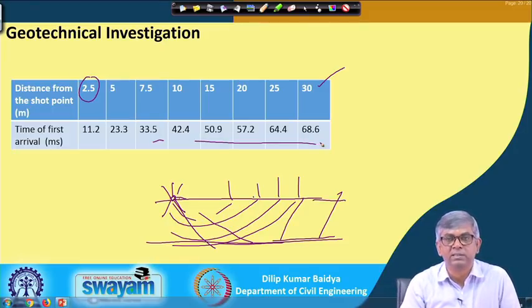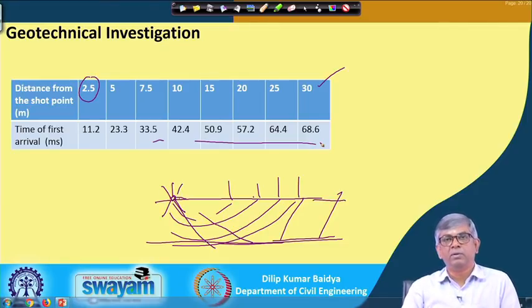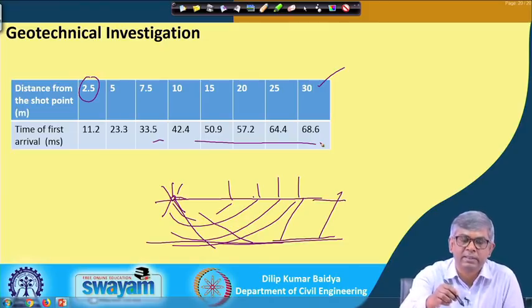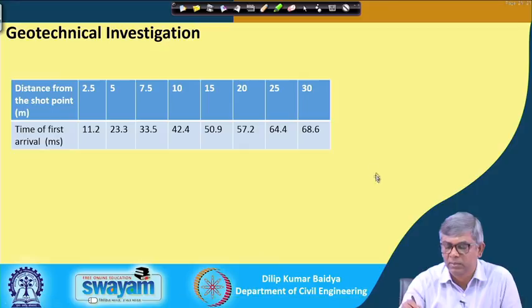By using this, you have to find out the shear wave velocity in the two layers of the soil, and possibly the thickness of the layer. I have attempted to plot this in Excel and I can show you how it is coming.